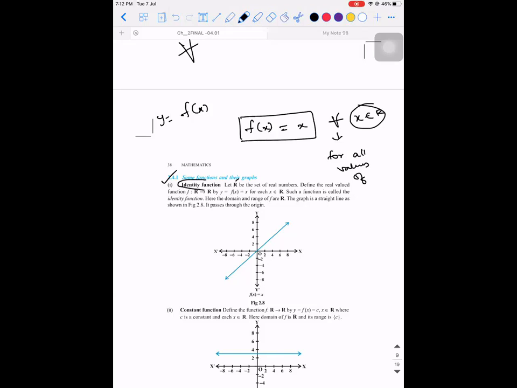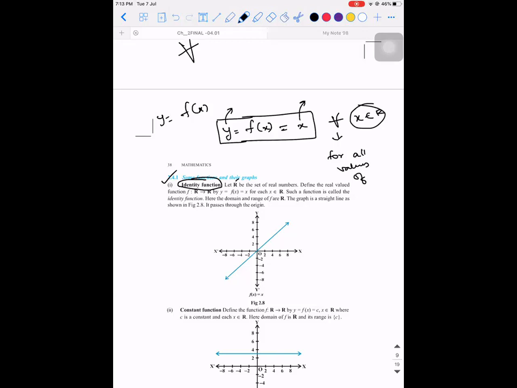Okay, for all values of x that belong to R, that type of a function is what is called an identity function. Why we call it an identity function is because, generally, the best way to observe a function is by plotting it on the graph sheet. That is the main reason why we are doing all these things. So if I say f of x is equal to x, then I told you f of x is always written as y. So this y means y coordinate, this x means x coordinate.